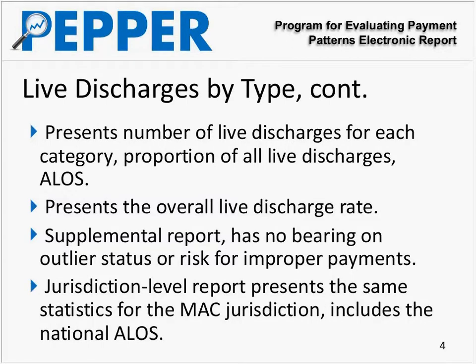In this report, we will identify the number for each of those categories, the proportion of all live discharges, and the average length of stay. We also include in this report the overall live discharge rate. And again, this is a supplemental report that doesn't have any bearing on risk status. And we also have a jurisdiction level report that presents the same type of information for the MAC jurisdiction.